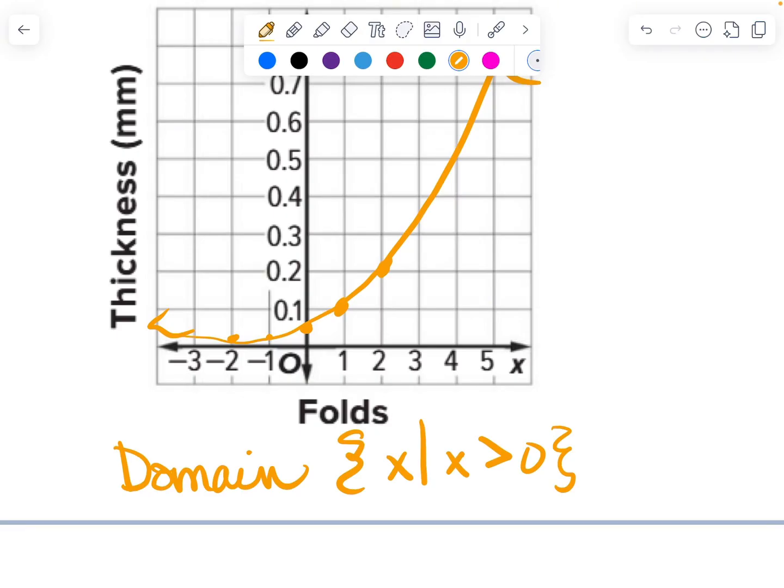Or, sorry, we wouldn't do 0.5 folds. We would do 1 fold, 2 folds, 3 folds. So this really should be discrete. And the range on this, because we're starting, y would be greater than or equal to 0.5, because that's the y-intercept.